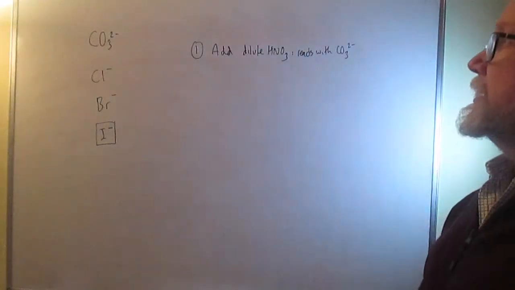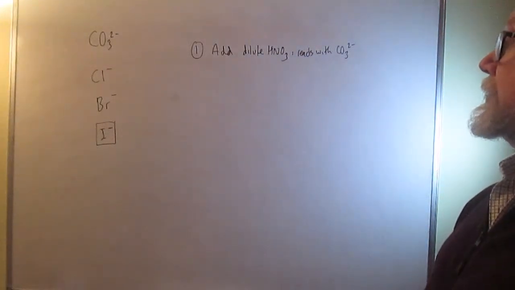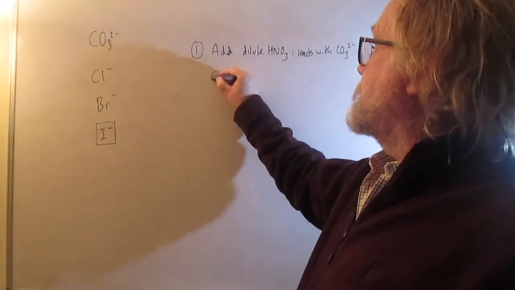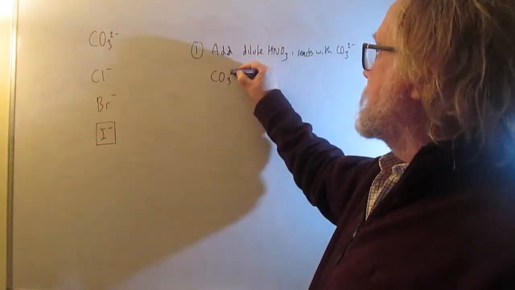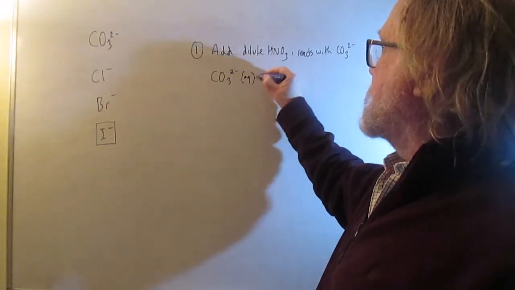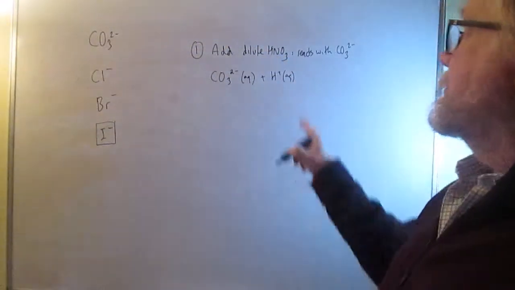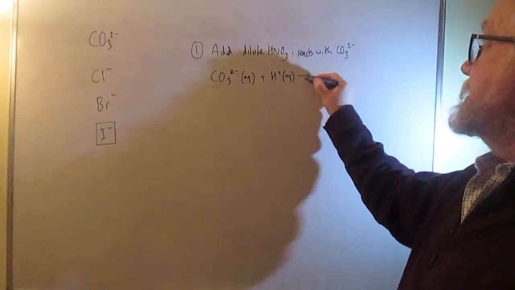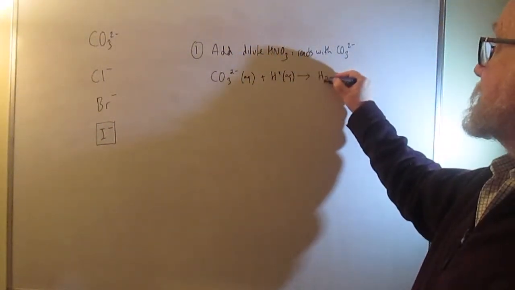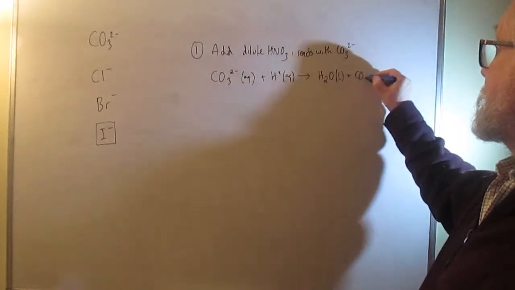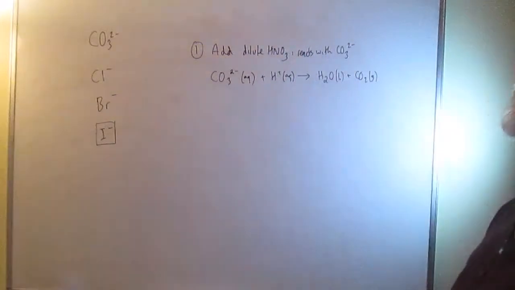and hopefully you can just write the ionic equation down for that straight away, because you know that what happens is that the carbonate ion reacts with the H plus ions from the acid, and that combination you can see easily is what gives you the salt plus water and carbon dioxide.